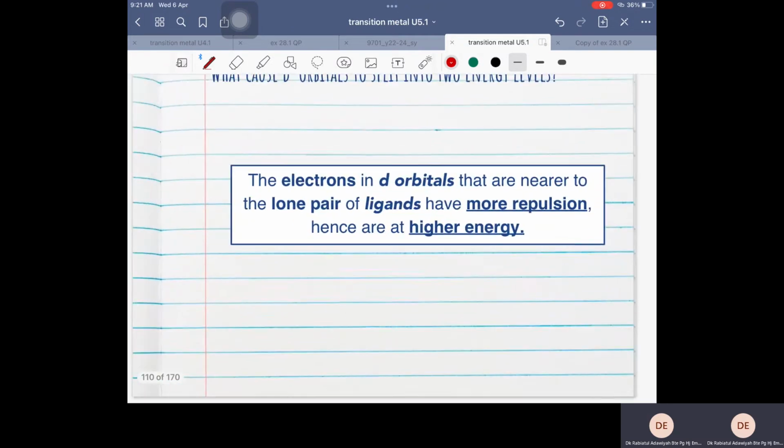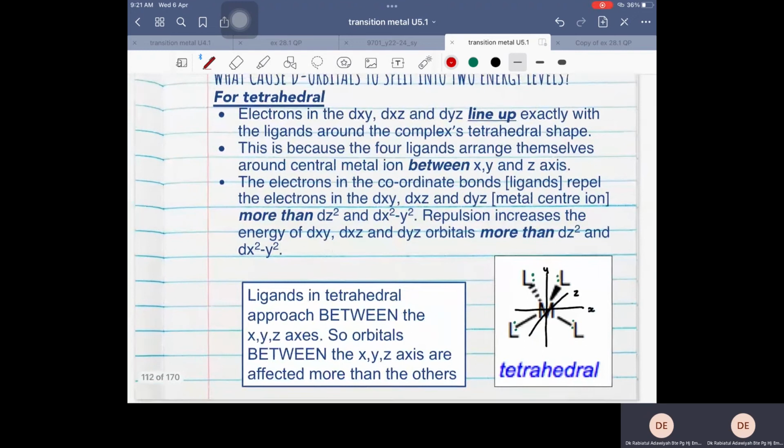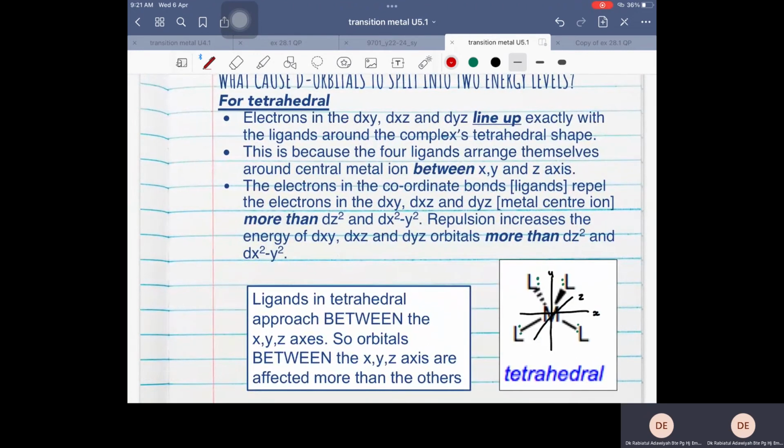That's a lot for you to digest. But you probably don't have to follow word by word, verbatim, as in the notes, as long as you understand why some orbitals have higher energy than the others.